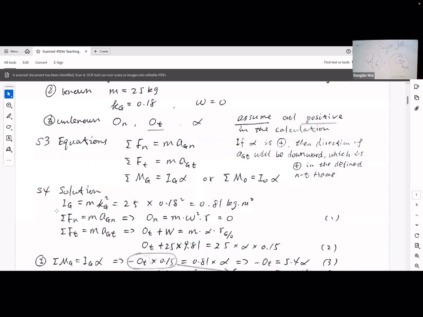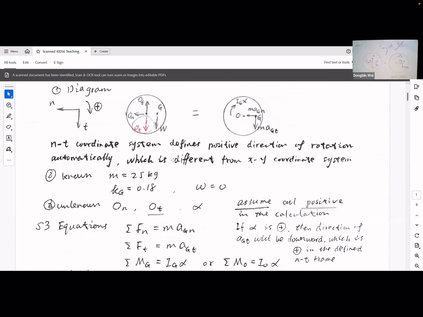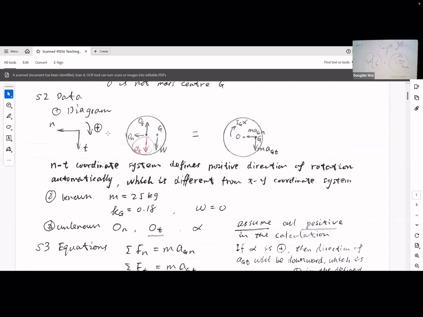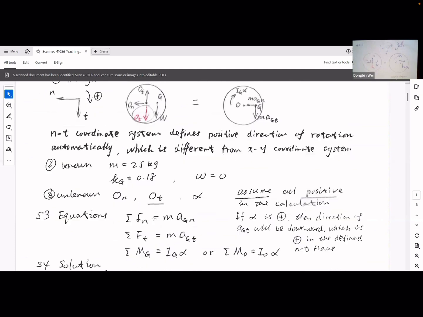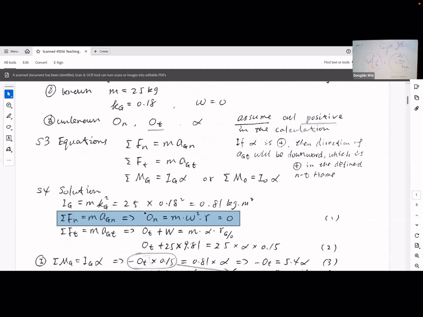Now, along the normal direction, have a look. For external forces in this free body diagram along the normal direction, we only have ON. So I put ON on the left side.